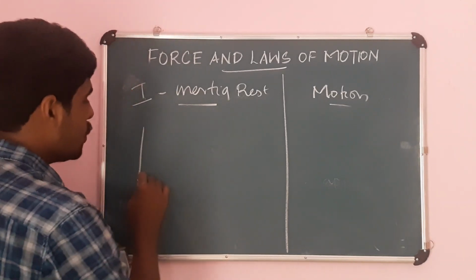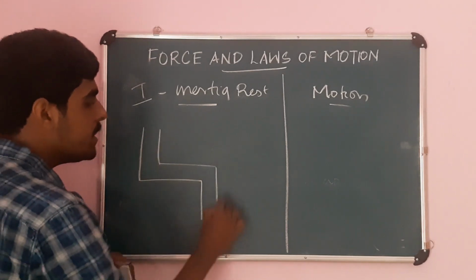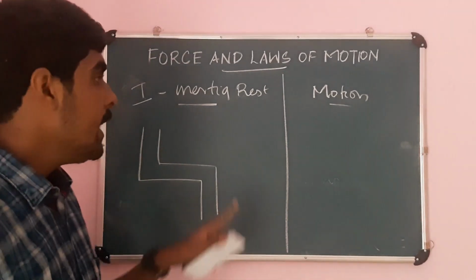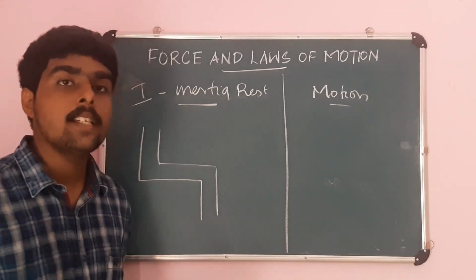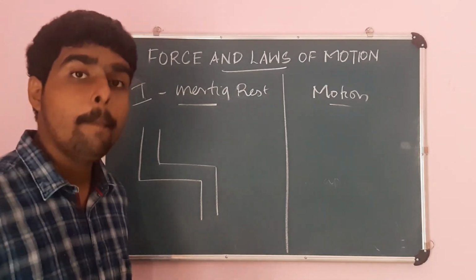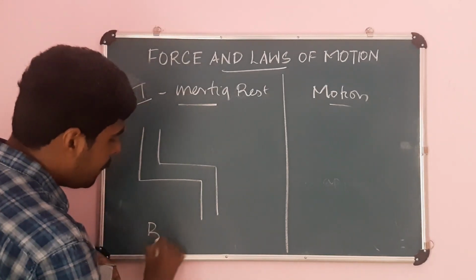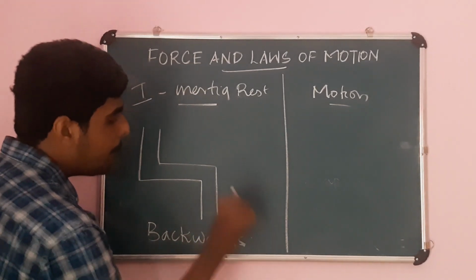Consider this to be the seat of the bus, and this is the person sitting. In this example, the bus starts suddenly. We find that the person sitting inside the bus has a tendency to fall backwards.